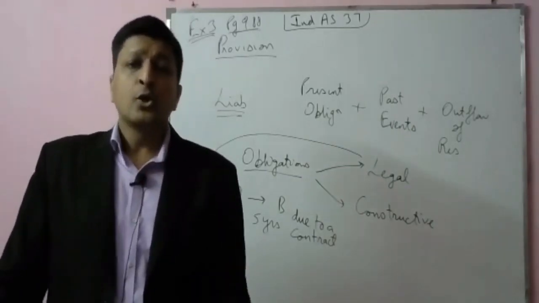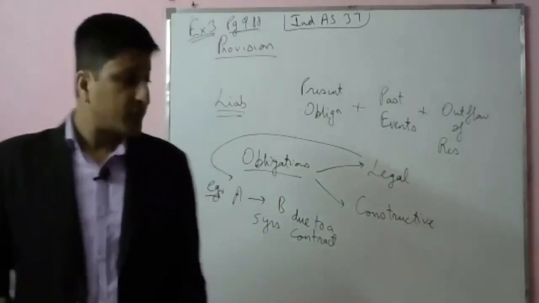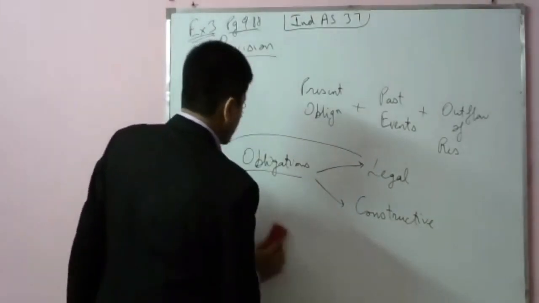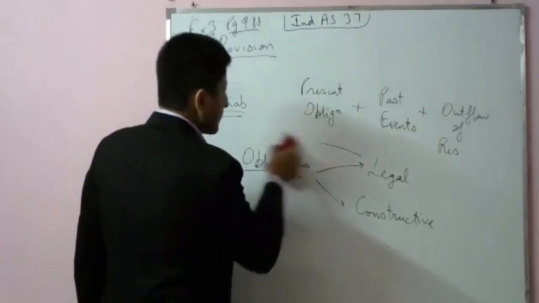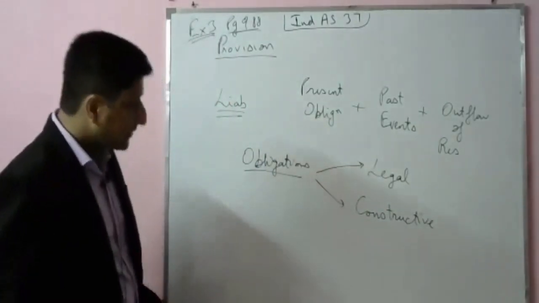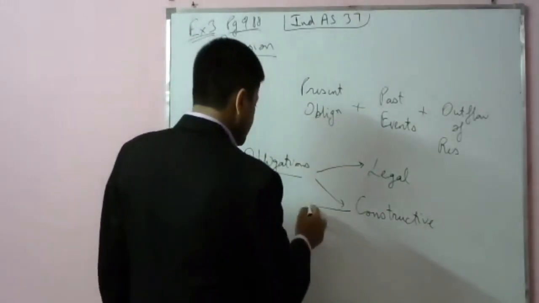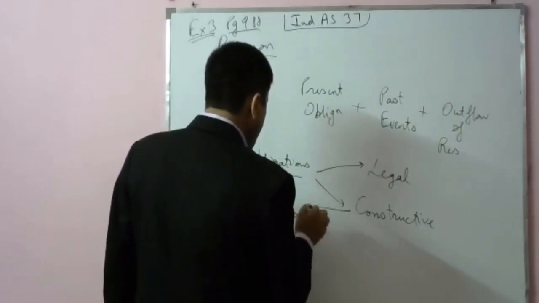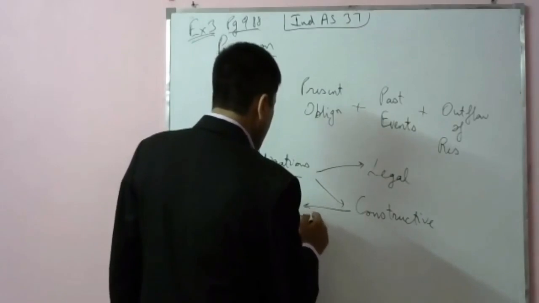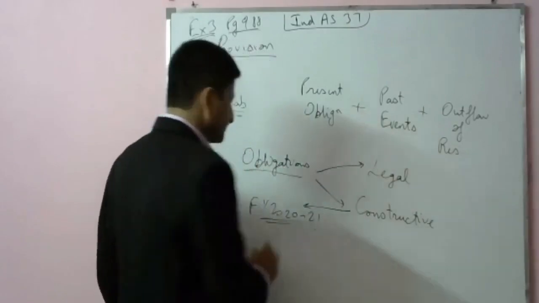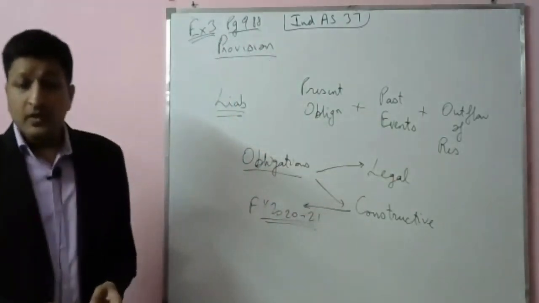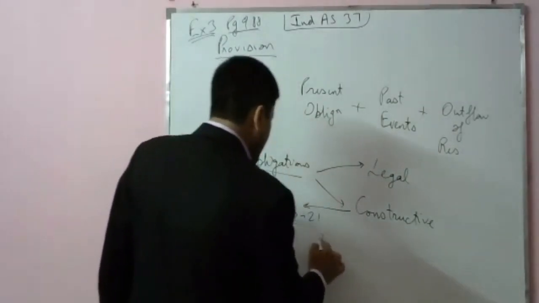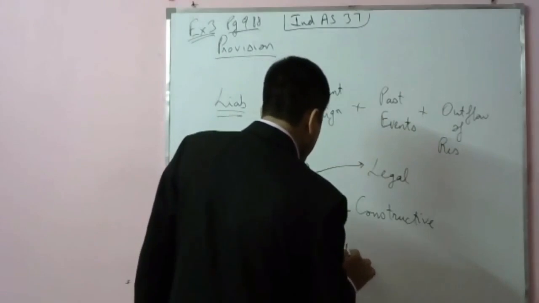However, during the financial year, so which financial year is this? Let's suppose we are talking about the financial year 2020-21. There are two parties now, X Limited and the residents.